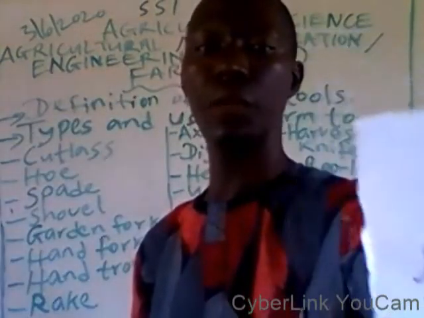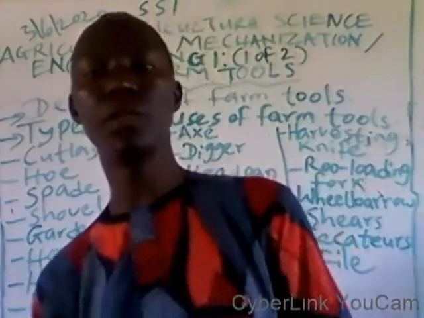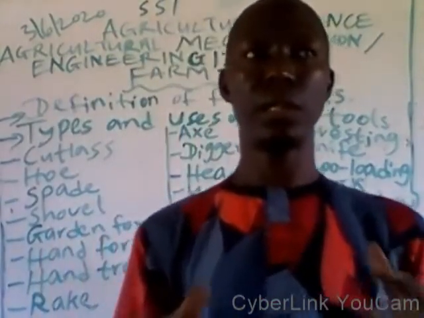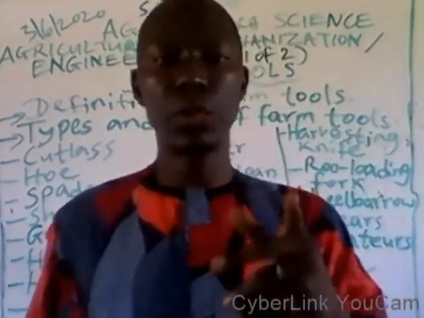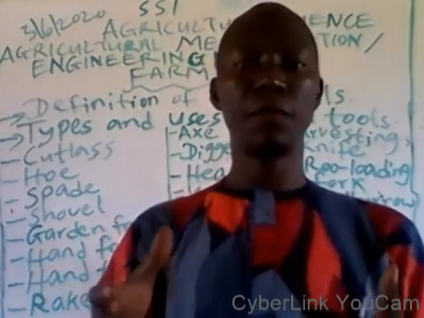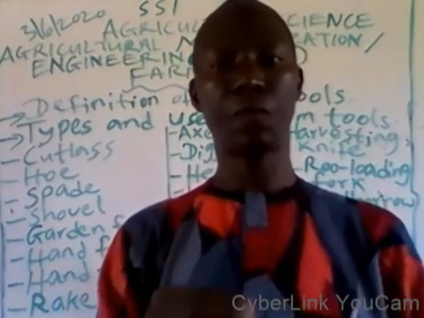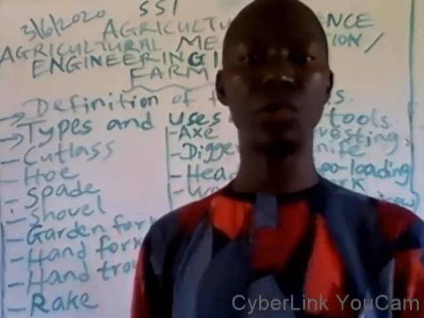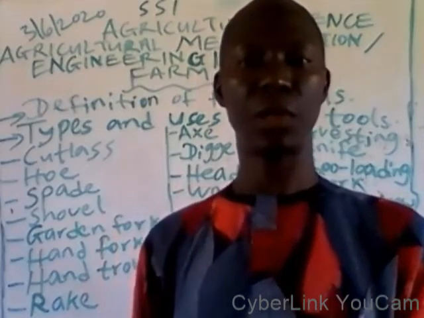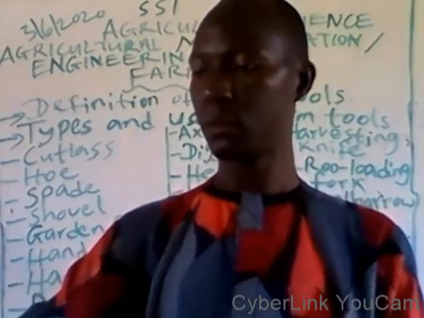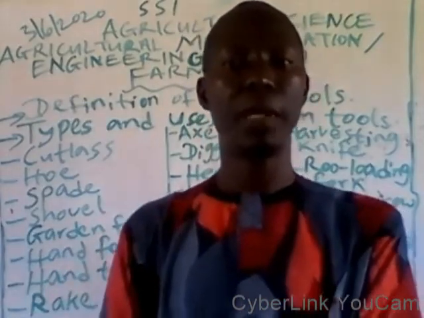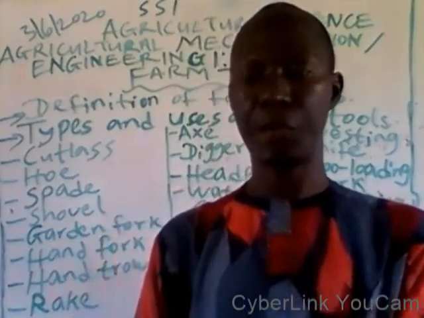The root loading fork, as I said, is used to remove the roots from the soil, and also to remove some weeds that have already been uprooted from the soil. You can also use the root loading fork to load hay and forage.